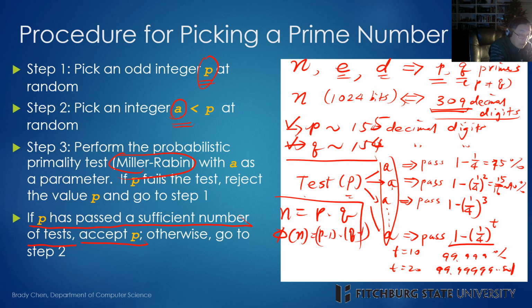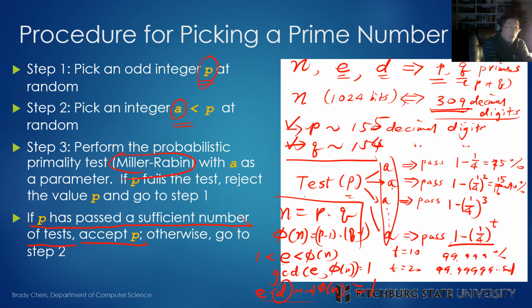Now we randomly select a number e between 1 and phi of n. Make sure e is relatively prime to phi of n. Then we calculate d, which is the multiplicative inverse of e modulo phi of n. So we find d.